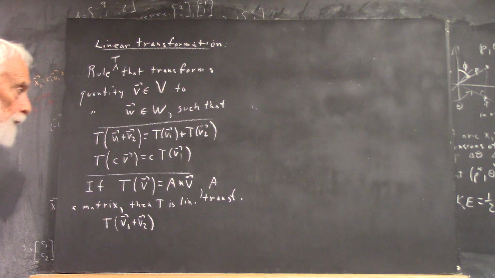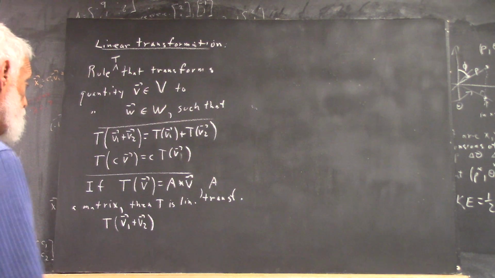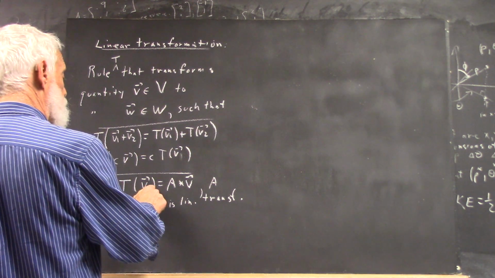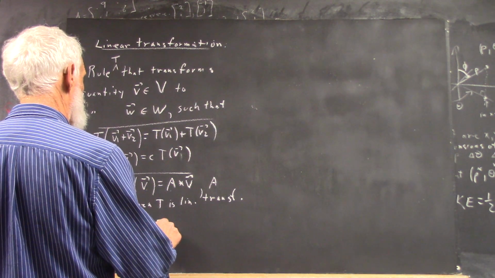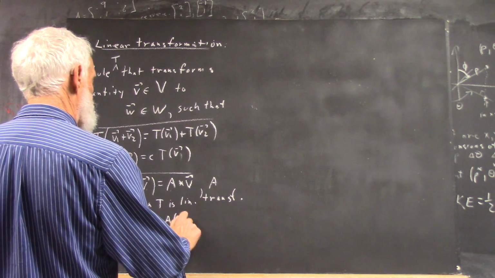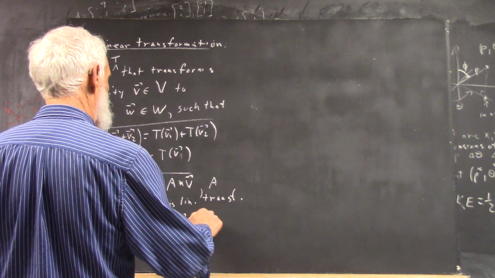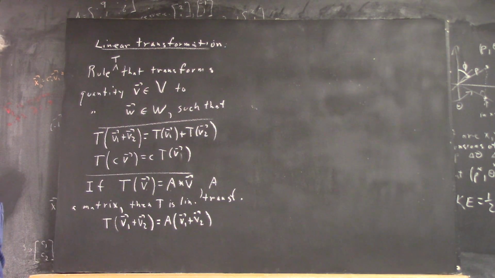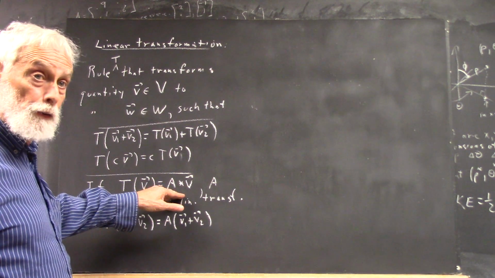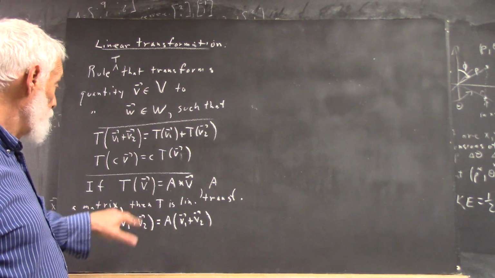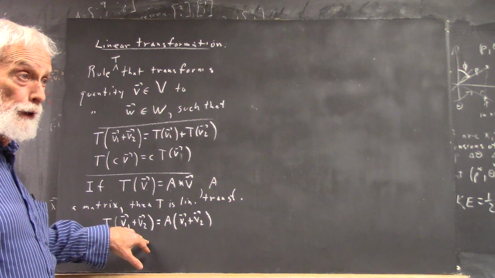T of V1 plus V2 would be equal to what? Well, since T of V is A times V, T of V1 plus V2 is A times V1 plus V2. Everybody understand that step? Here's a definition of the transformation. Now we're applying it to V1 plus V2, right?